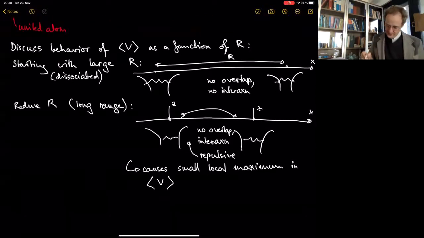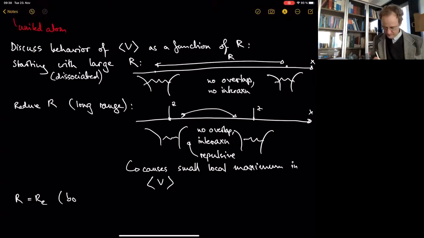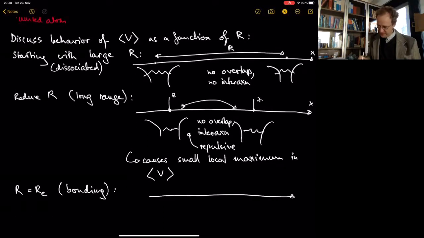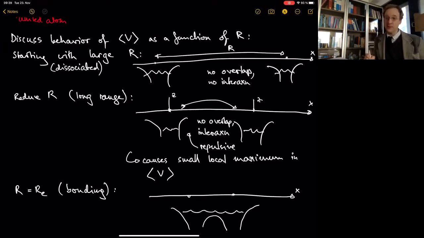Now we go to the bonding regime, right? This is where you have the case that your potential now is close enough so that the electrons start to overlap.